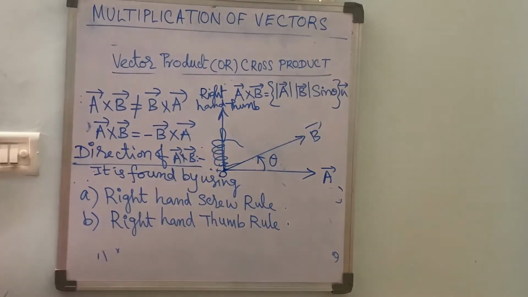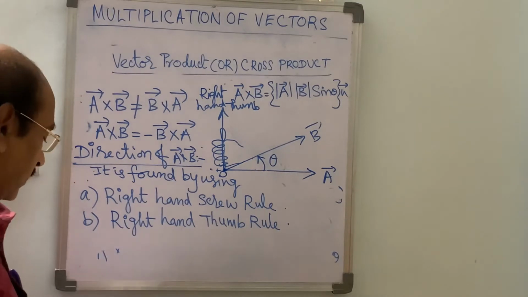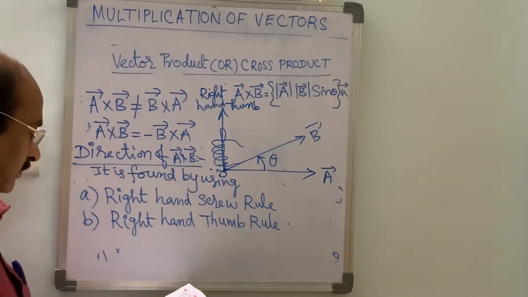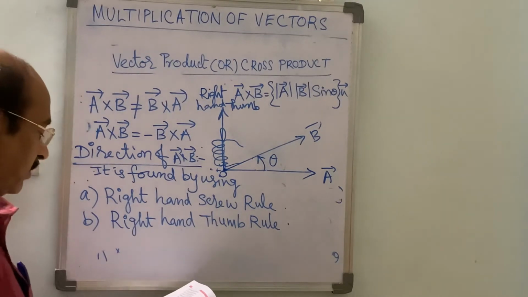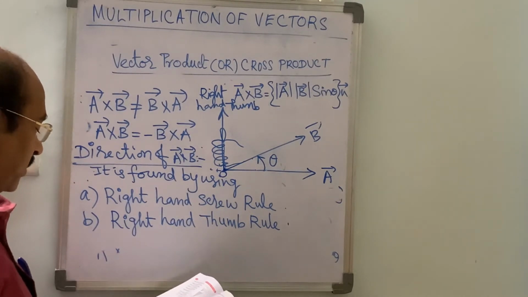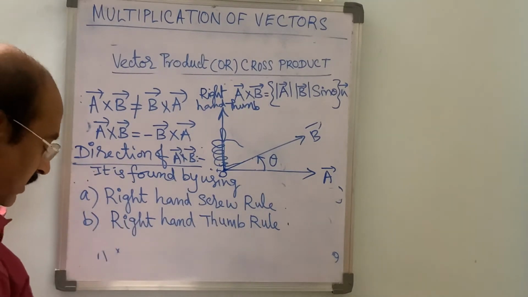So when the right hand is placed at the common tail of the two vectors a bar and b bar in their plane, then the curved fingers show the rotation from a to b bar. Then the extended thumb indicates the direction of the cross product c bar.